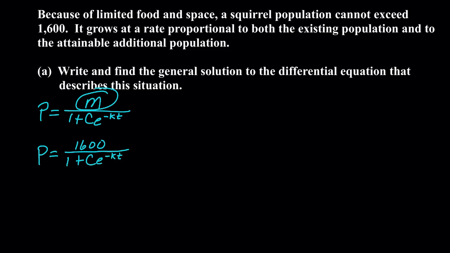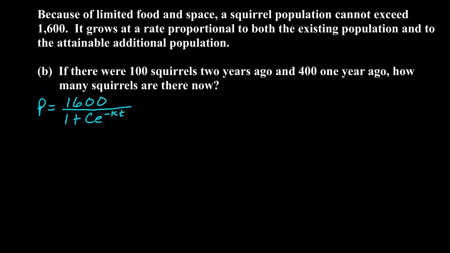All right, so we do have these constants in our problem right here and right here that we need to actually find values for. But in order to find those values, we need some additional information. So that's going to take us to part B of this problem.